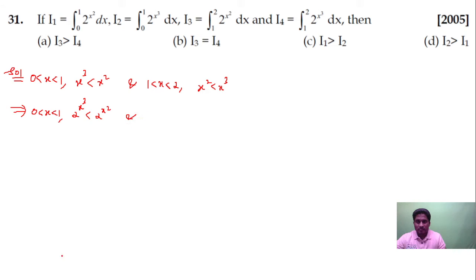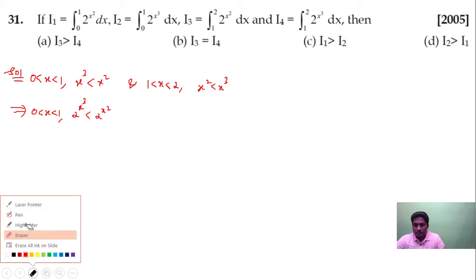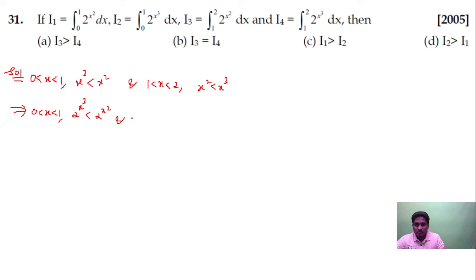And if x lies between 1 and 2, 2 to the power x square is less than 2 to the power x cube.